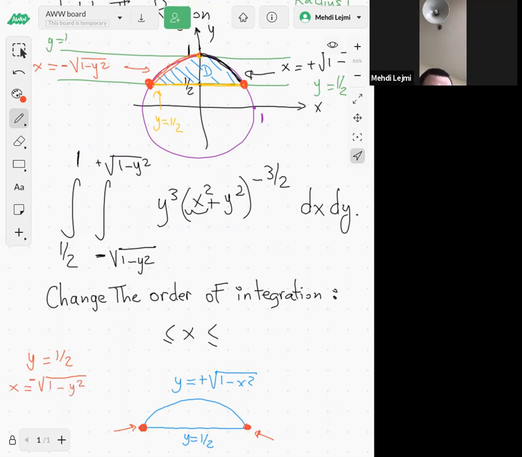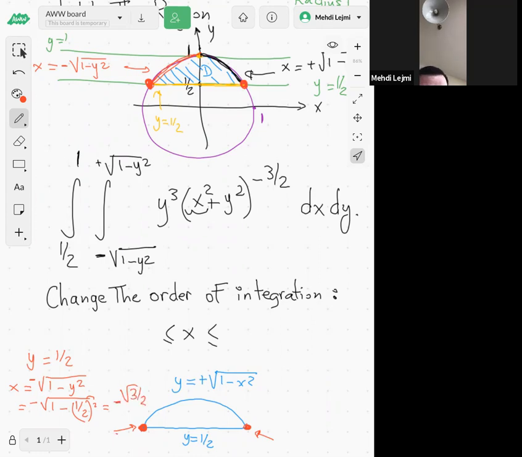That's minus square root of 1 minus half squared. Half squared is 1/4, and 1 minus 1/4 is 3/4. So that'll be square root of 3 over 2. So this is minus square root of 3 over 2.